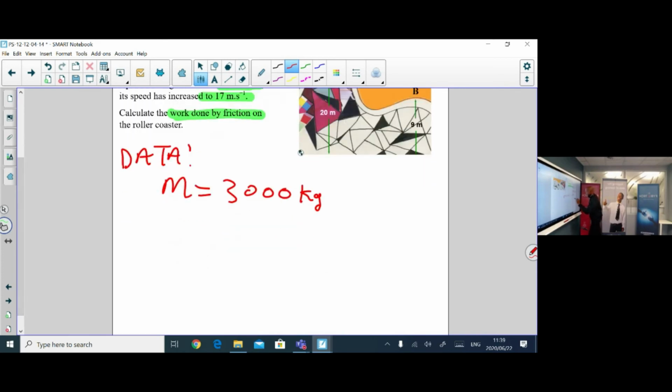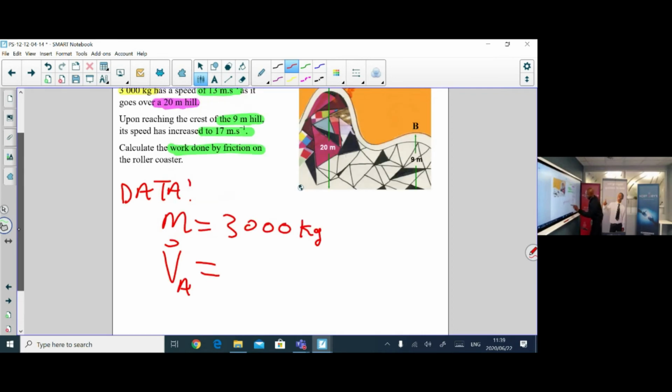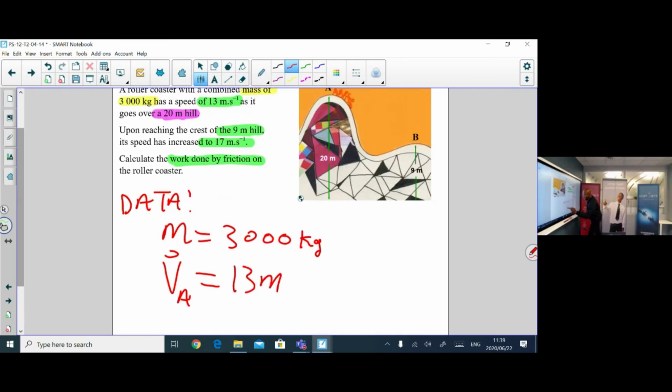I will write like this: VA is equal to 13 meters per second. You can say V initial or V at point A. Okay, and what else?